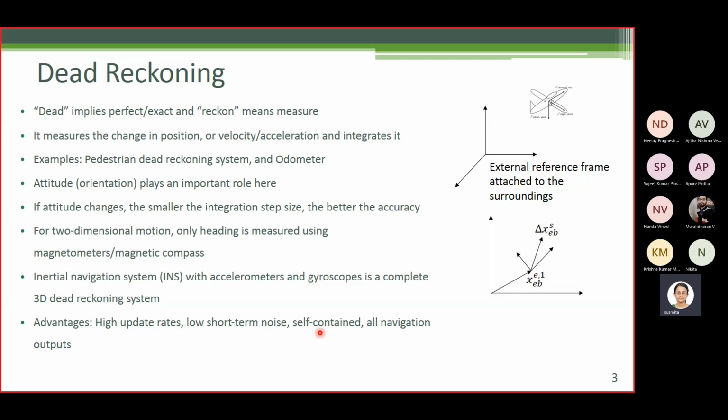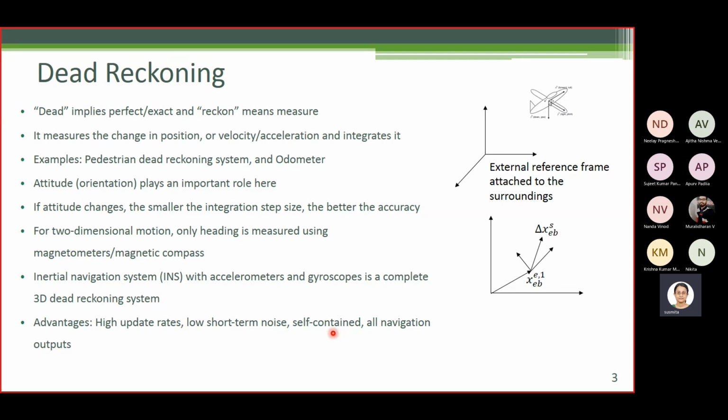It is self-contained. Typically, a dead reckoning system is self-contained. What does it mean? If you consider an inertial navigation system, it does not depend on any external information to measure the quantities, acceleration or angular velocity. So using those sensors on its own, it can make measurements.